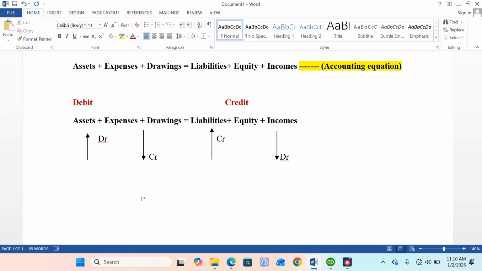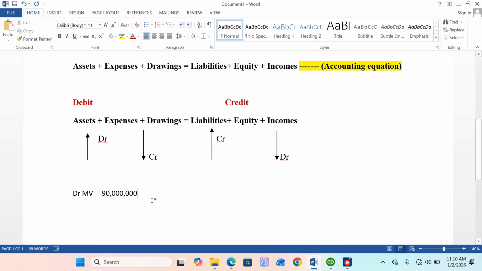Since motor vehicle is increasing in our business, we debit motor vehicle. Maybe we bought it for 90 million. So we debit motor vehicle with 90 million. Why? Motor vehicles have increased in our business. These assets in the form of motor vehicles have increased.